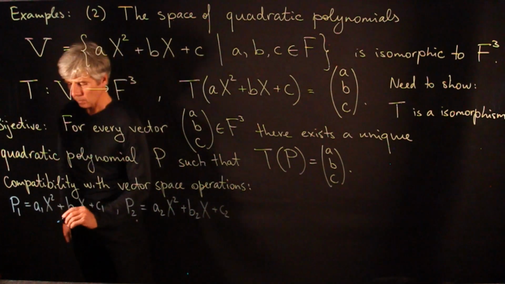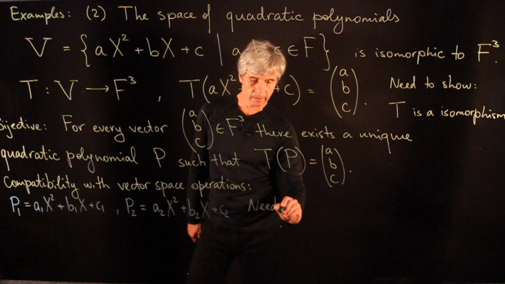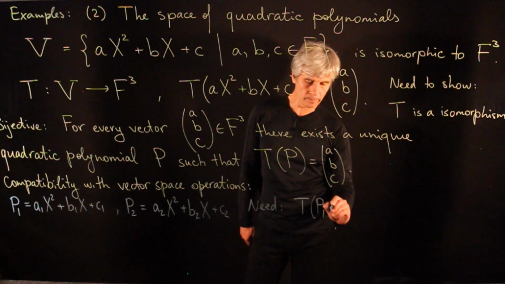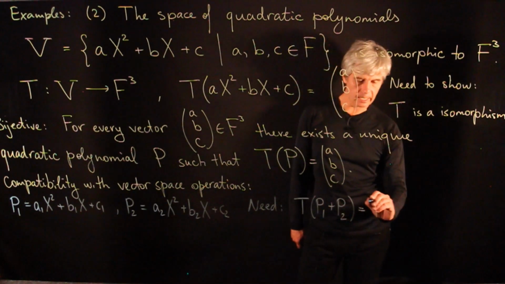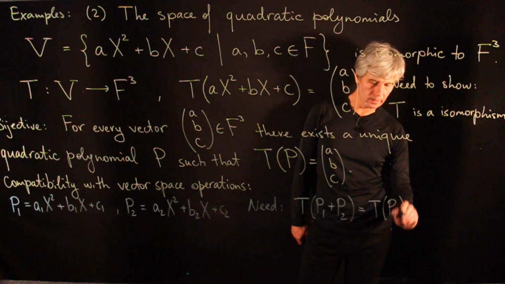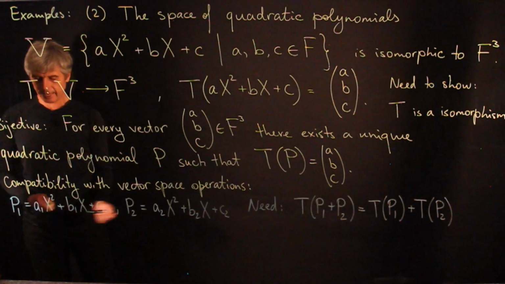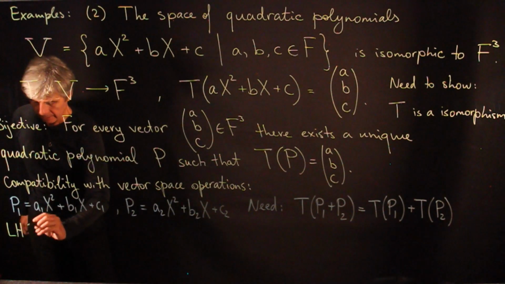And we need to show that T of P1 plus P2 is equal to T of P1 plus T of P2. Again, let us work out the left-hand side and the right-hand side.